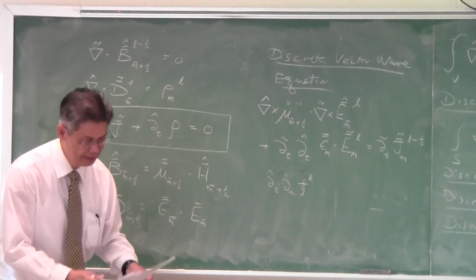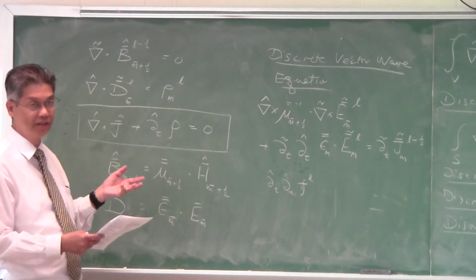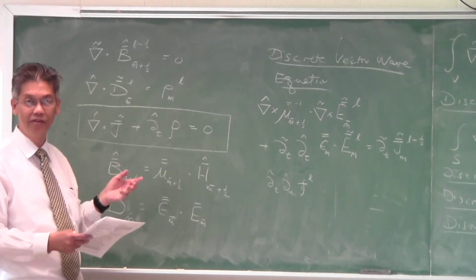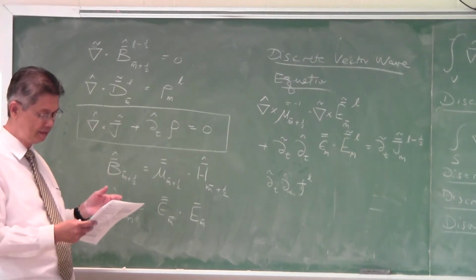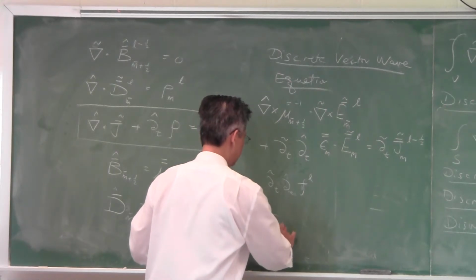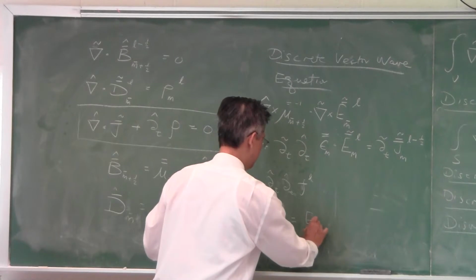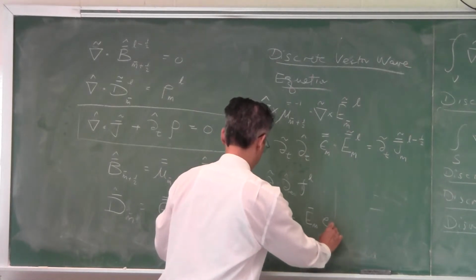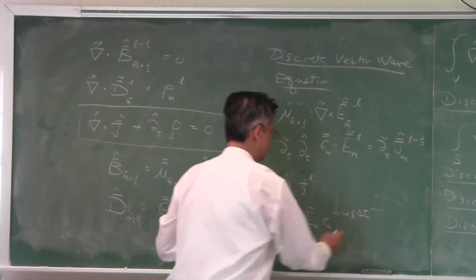And what is more wonderful is that you can derive the vector wave equation in this manner. You can also assume time harmonic signals, assuming that your signal is of a certain form, like for instance E_m^L is of the form E_m e to the minus i omega L delta t.